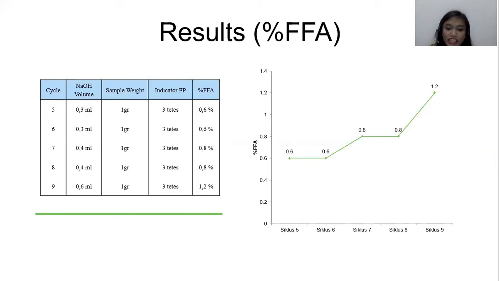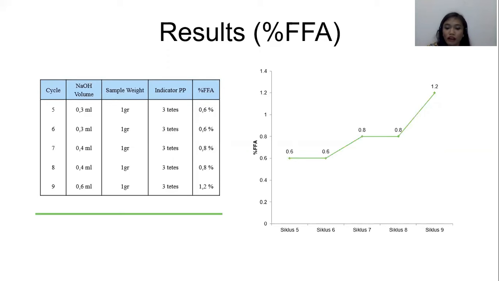The free fatty acid test can be used to measure and determine the amount of free fatty acids in a material or sample. The greater the acid number, the higher the free fatty acid contained in the sample.